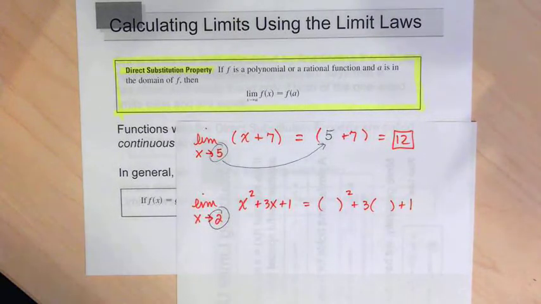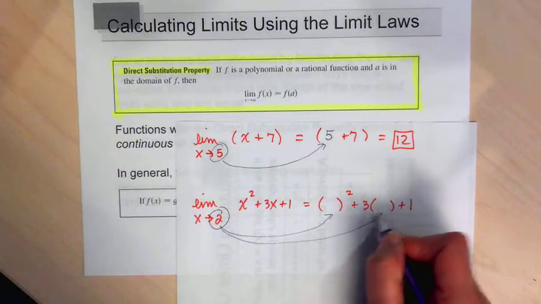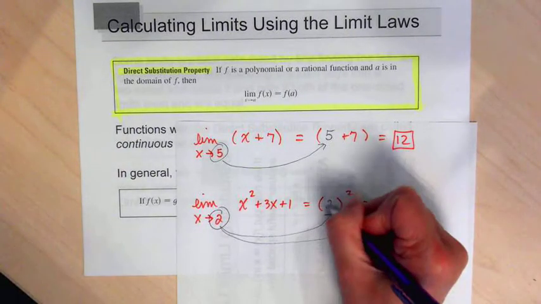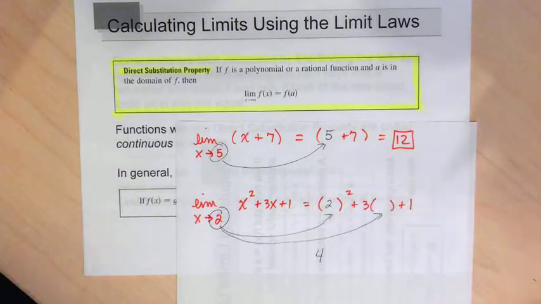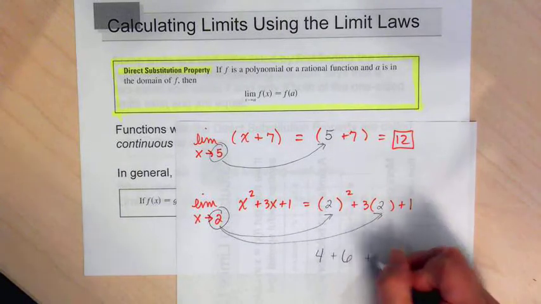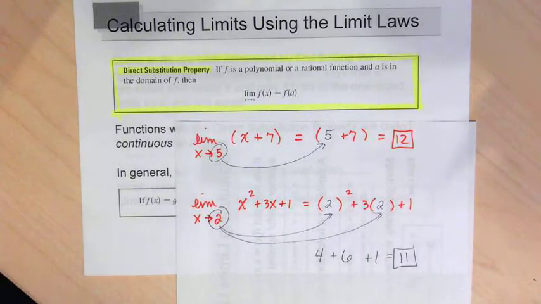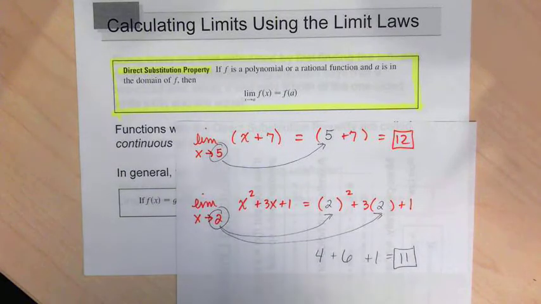Direct substitution. Substitute x in with a 2. So we'd have 2 squared is 4, 3 times 2 is 6, plus 1 gives us a result of 11. That's the direct substitution property. We'll use that a number of times when we're evaluating limits.